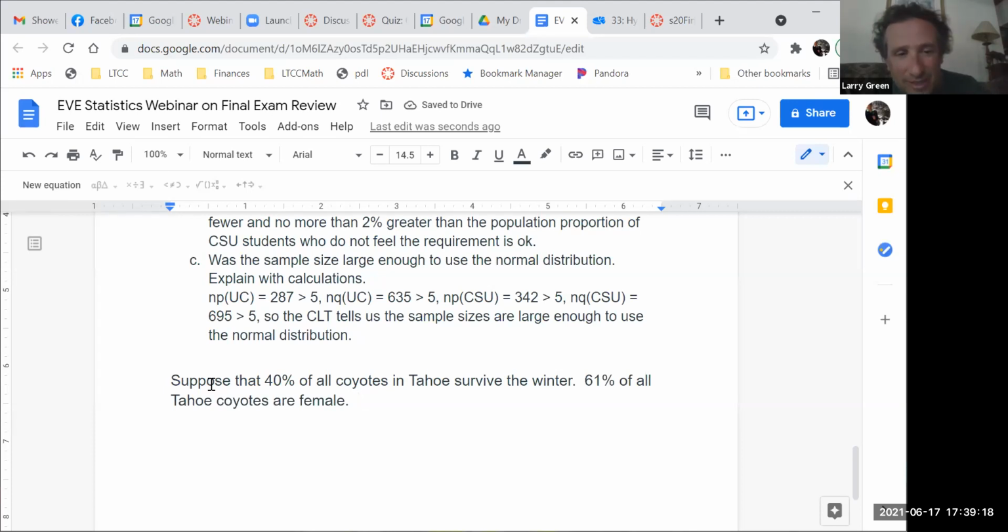And we also know that 43% of all female Tahoe coyotes survive the winter.